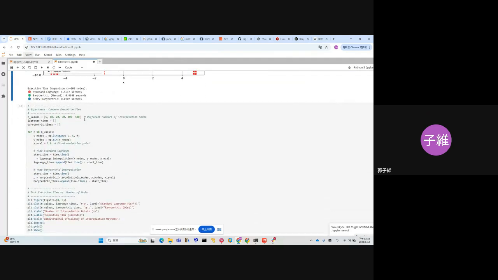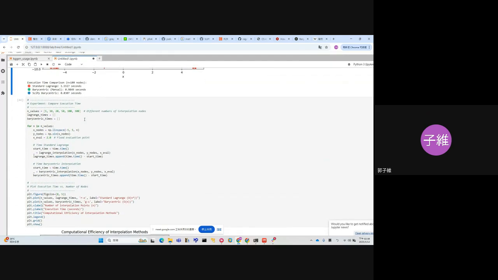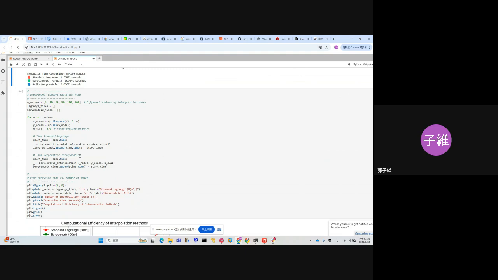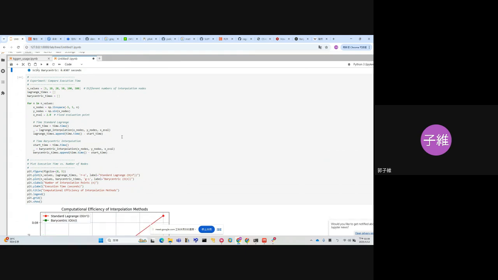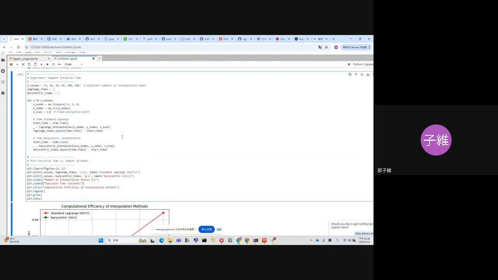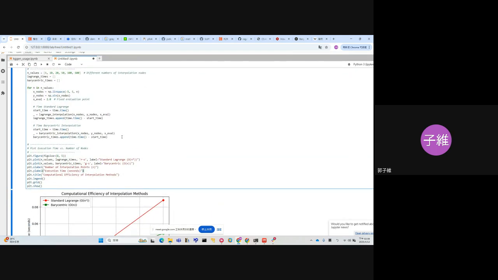So to show exactly how the execution time differs, I have another experiment with different numbers of interpolation nodes right here. So 5, 10, all the way through 500.